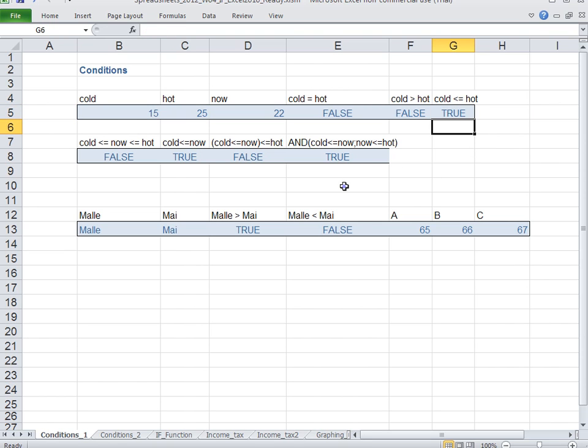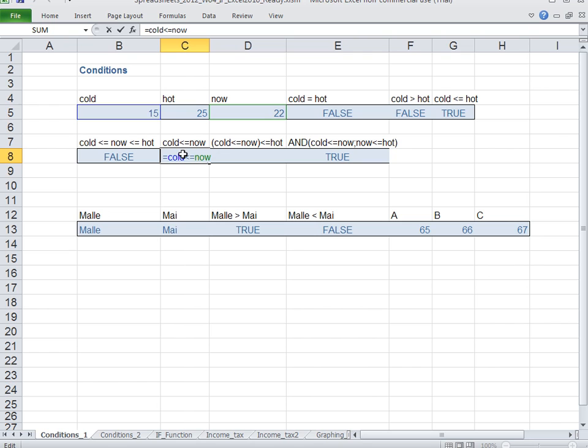The next topic would be to make a more complex comparison. For instance, here we are comparing whether 22 is between cold and hot, 15 and 25, which it is. The formula is written down directly like that, but it turns out that it doesn't work. If we try to write it out in smaller bits, let's say we check whether cold is smaller than now, and it is. 15 is smaller than 22.